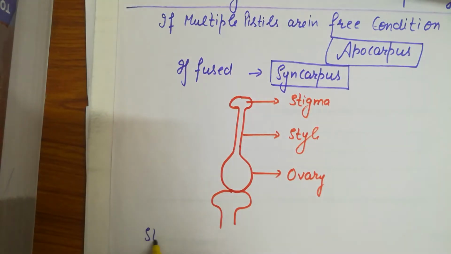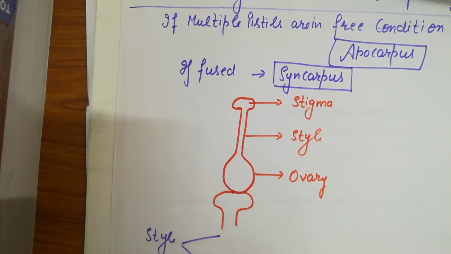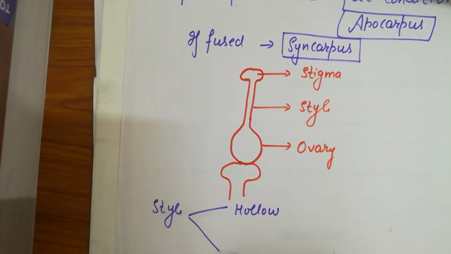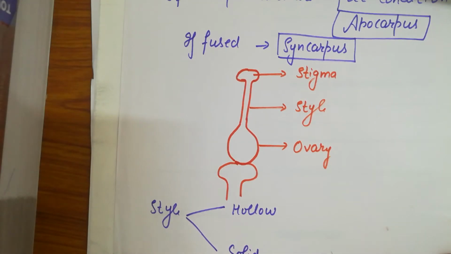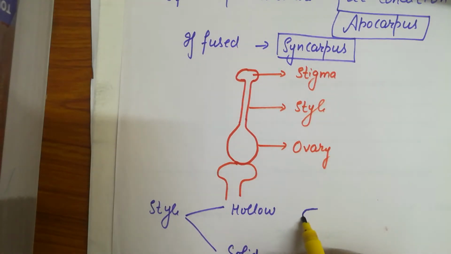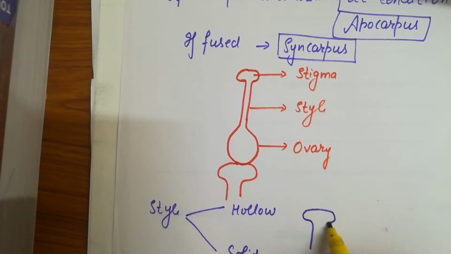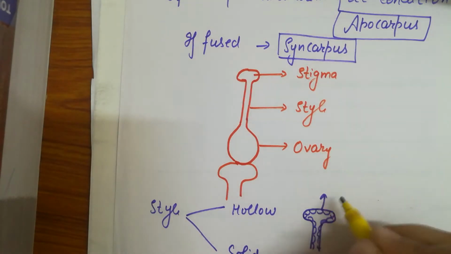Now the style can be of two types. Stigma is where we receive the pollen grains. The style can be hollow, with little spaces, or it can be solid. If it is hollow, it will have epidermal cells, but it will not be completely filled with them; there will be little spaces inside it.